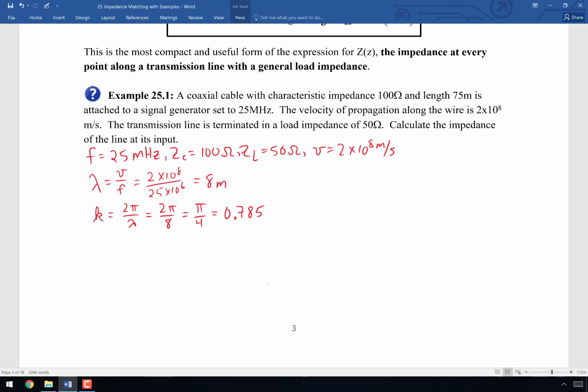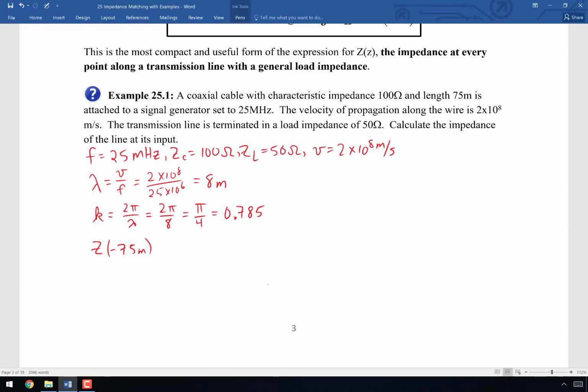So the impedance at 75 meters, actually it's at negative 75 meters. Let me try that again. The impedance at negative 75 meters.